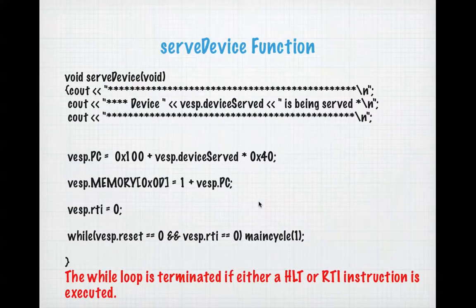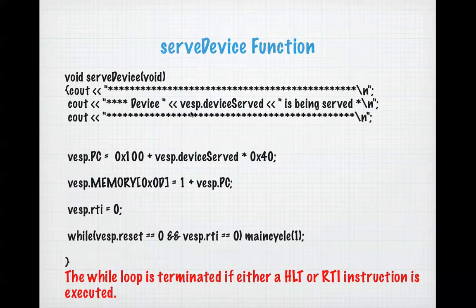Now, here is the so-called serve device function, which puts all of these concepts into specific form. The messages that you read here are not really that critical. They just let us know what device is being served, and that is provided to this program by a global variable in this situation.